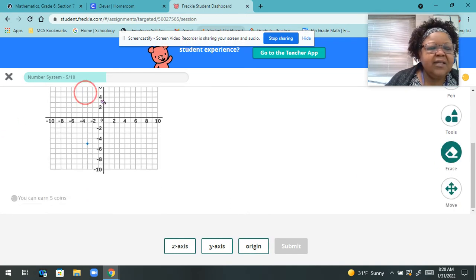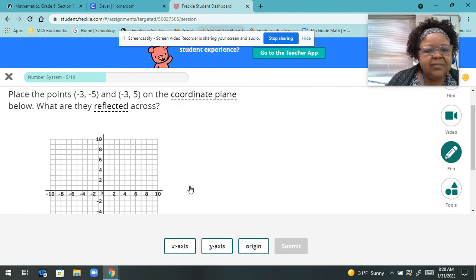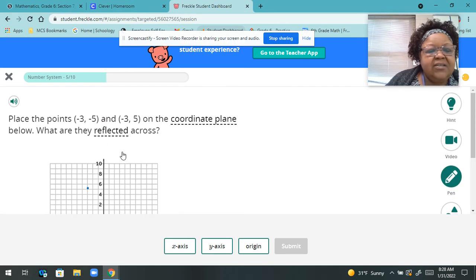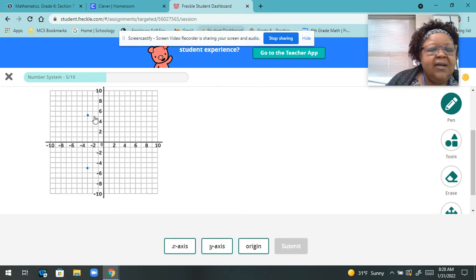Let me erase that, it's not too good. -3, 5, right there. Okay, so it says which axis are they reflected across? So if it were reflected across the y-axis, it would be over here. But my mirror is this axis right here. So it's 5 away from this one and 5 away from that one. So it's the x-axis.